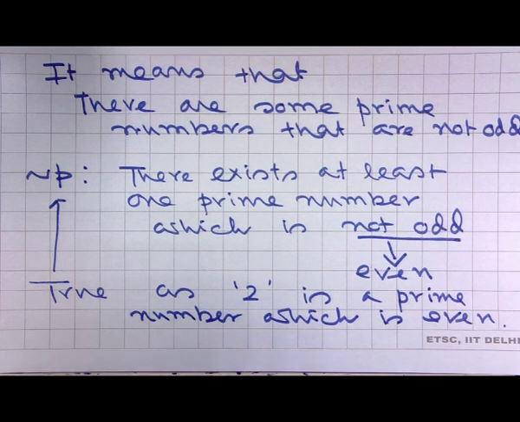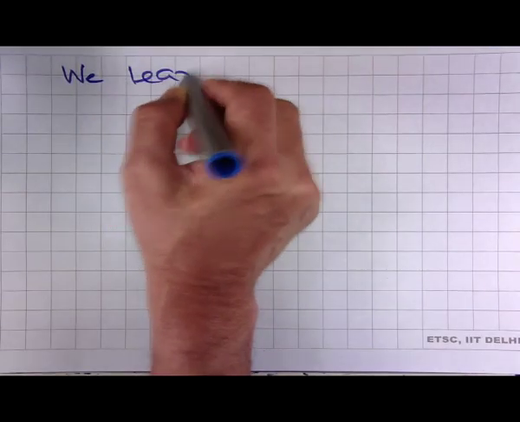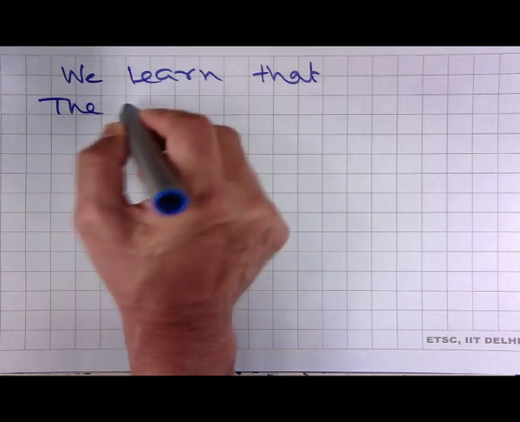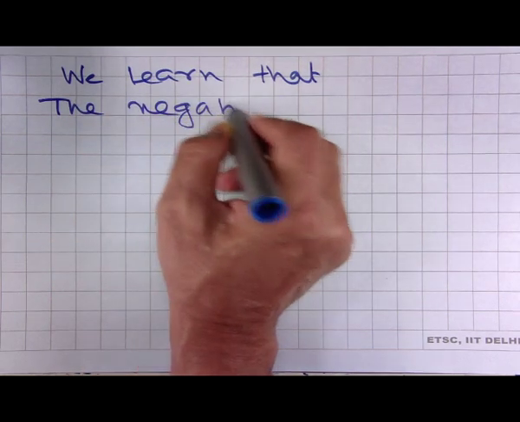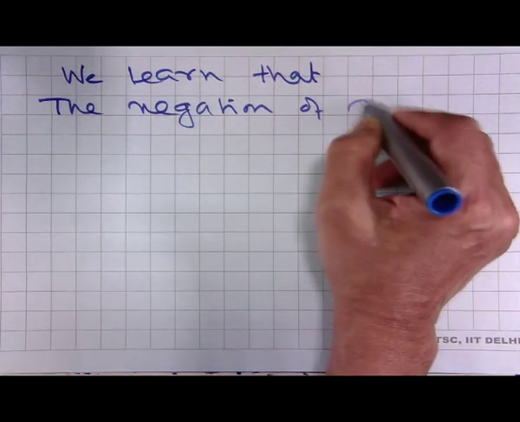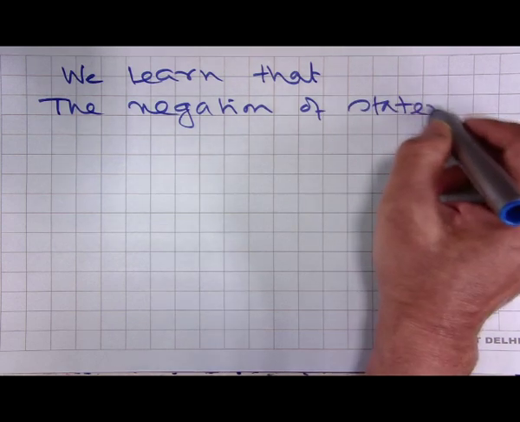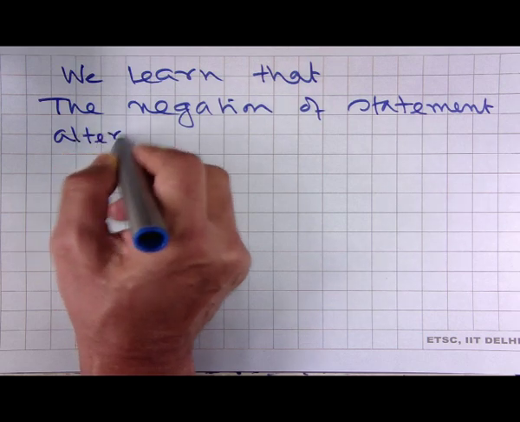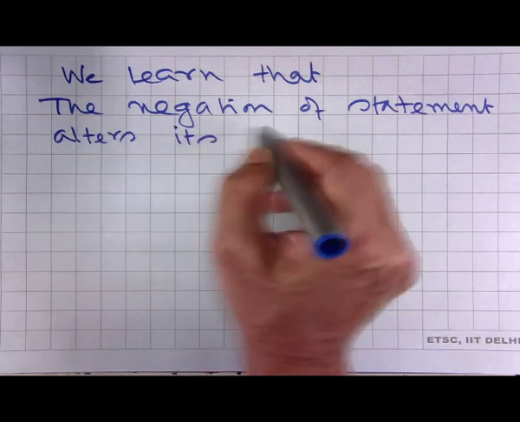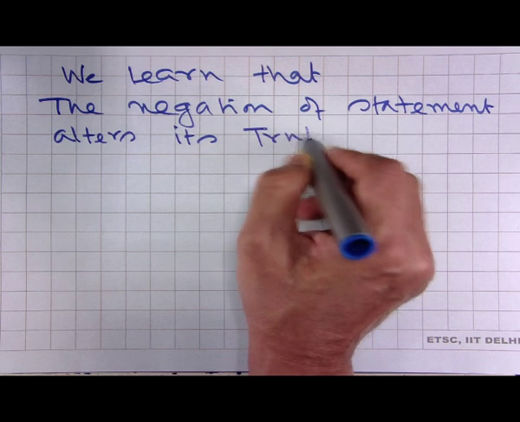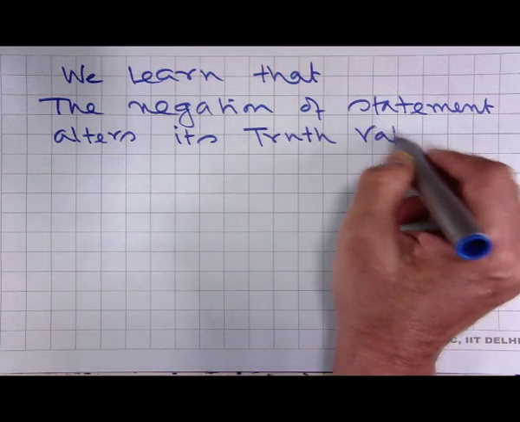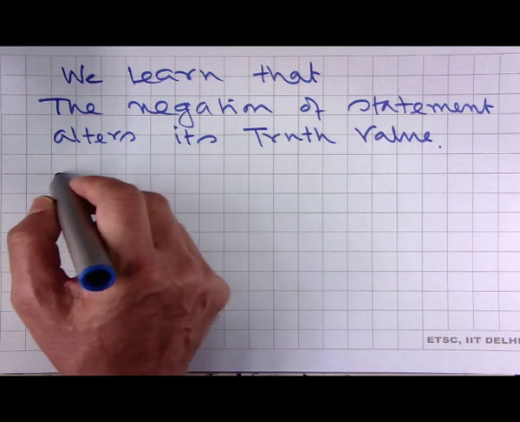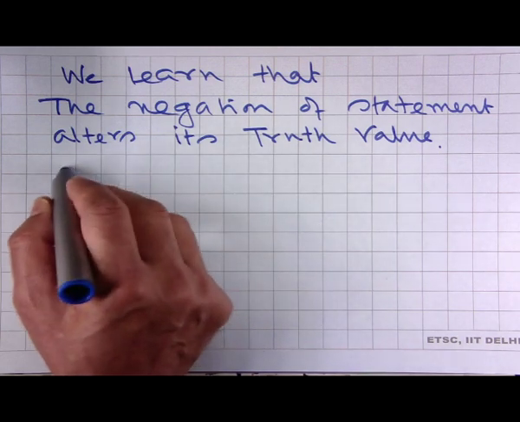So, we know that the negation of a statement alters its truth value. Therefore, we can always remember the following truth table.